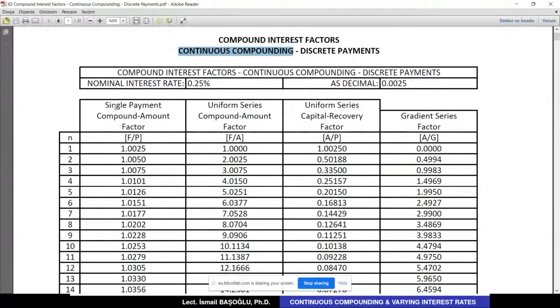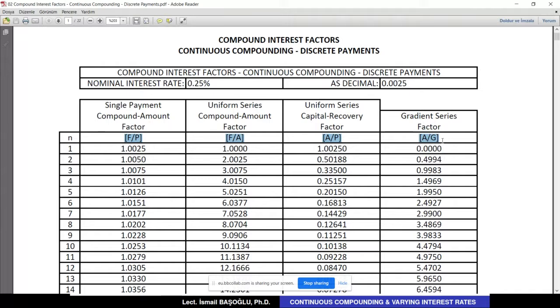And you see the single payment compound amount factor F over P, uniform series compound amount factor F over A, uniform series capital recovery factor A over P, and gradient series factor A over G can be found through these tables. These values are totally different than the values that you had in the previous table under discrete compounding. You see even the representation in the headers is given as square brackets.